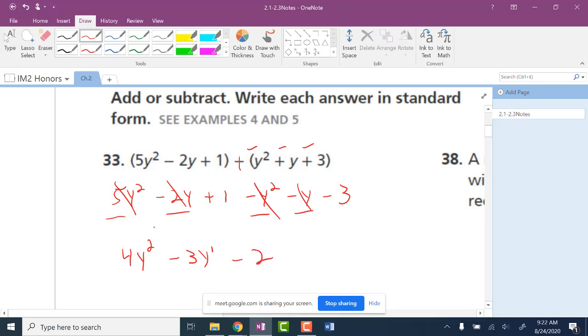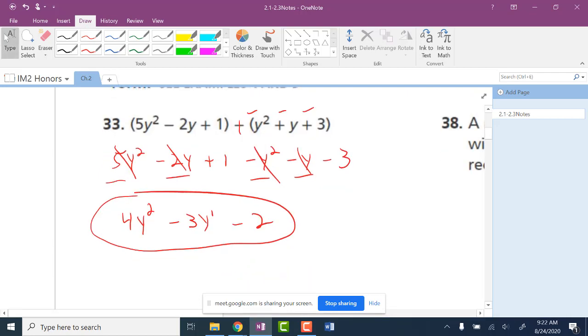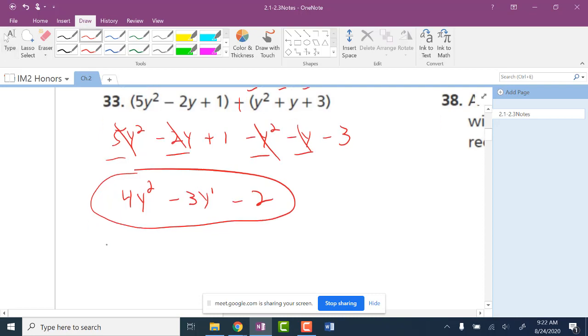Then minus 2. All right, this is called a trinomial. There's also binomials, which are two terms. And once you're past three terms, you just say a four-term polynomial, five-term polynomial, and so on and so forth. And then some other terms, like the leading coefficient.